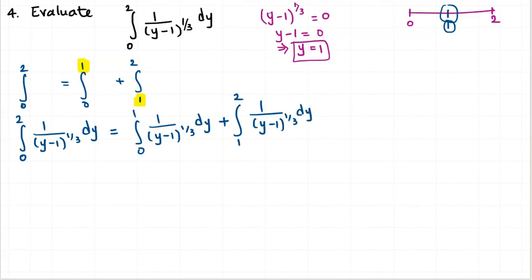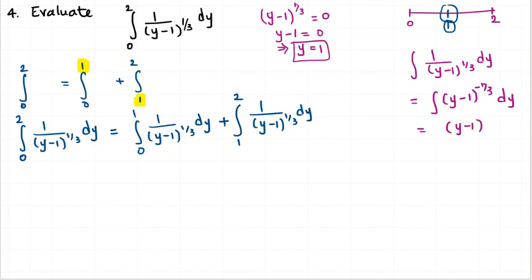Okay, so you see here we are solving the same integral. So let's calculate the value of this integral, 1 over (y minus 1) to the power 1 over 3 dy. How can we evaluate it? We can integrate it as (y minus 1) to the power minus 1 over 3 dy, and this will give you (y minus 1) to the power minus 1 over 3 plus 1, that gives you 2 by 3.